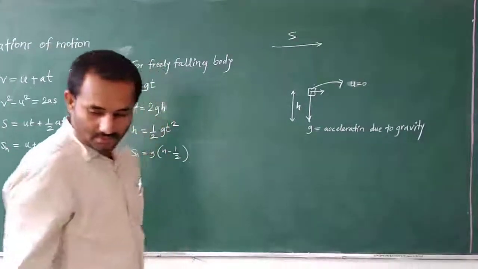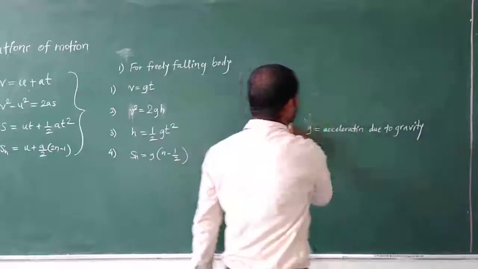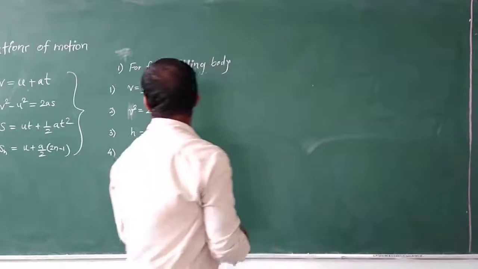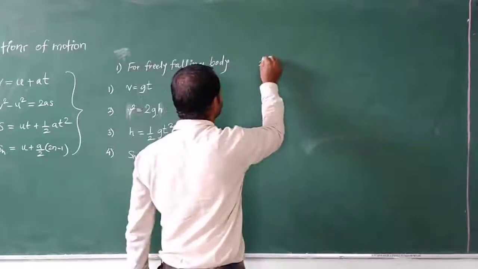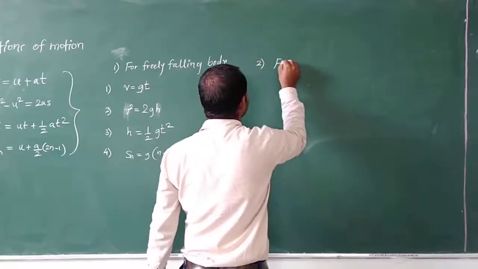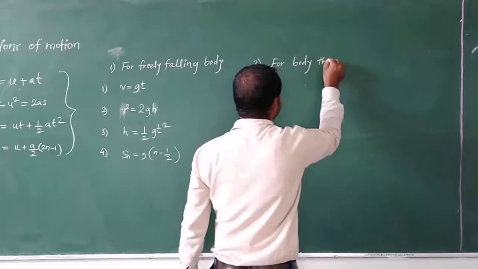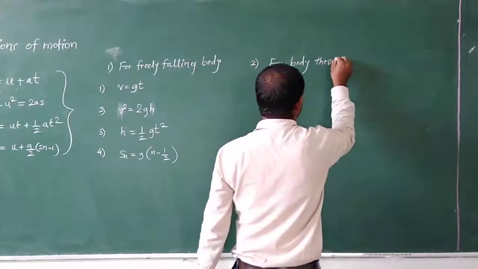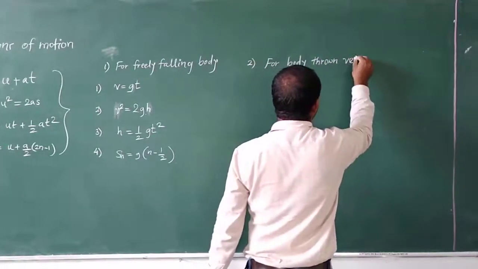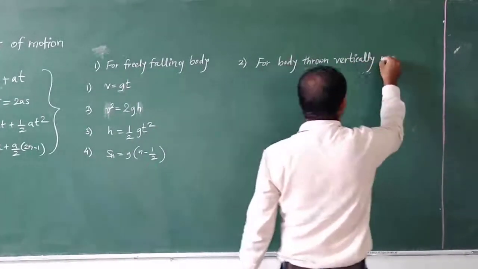Then we will write the equations of motion for a body thrown vertically upwards. So second is equations of motion for a body thrown vertically upwards.